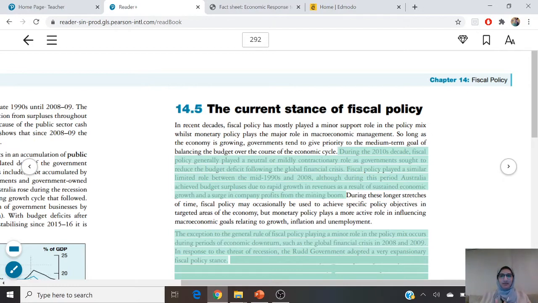Okay, so the current stance of fiscal policy. Now, before I actually go on, just a very quick revision of fiscal policy. We all know that fiscal policy and monetary policy are both macroeconomic policies and they're demand-side policies. When I say demand-side policies, that basically means that they are there to influence the demand of consumers, right?